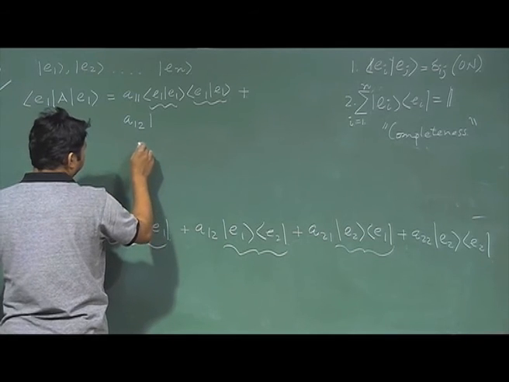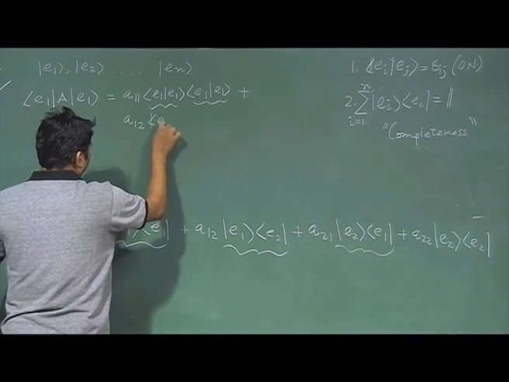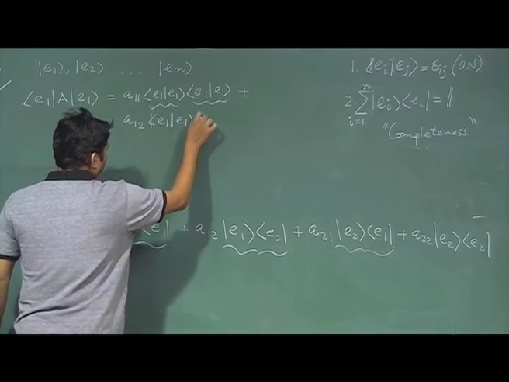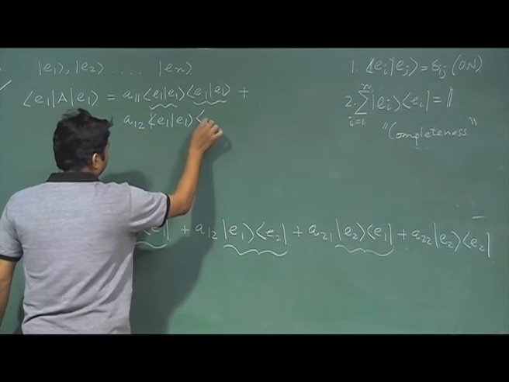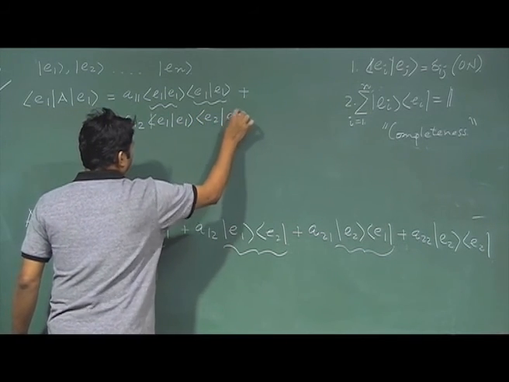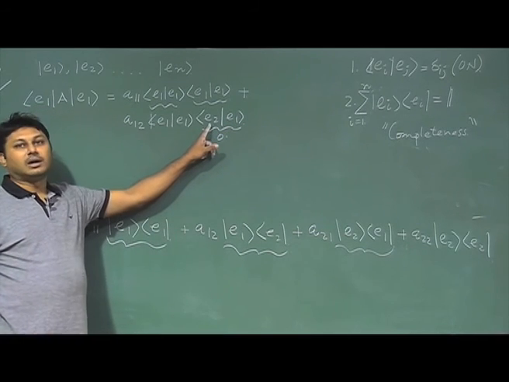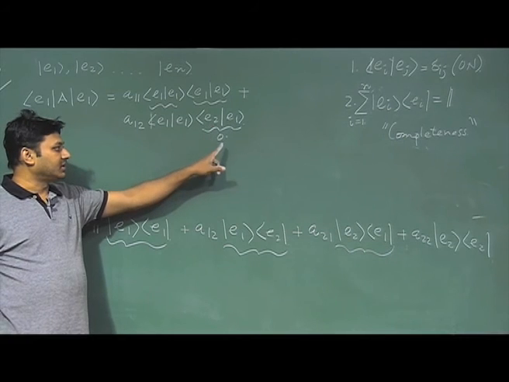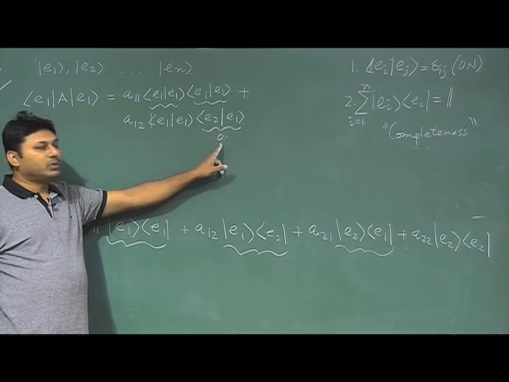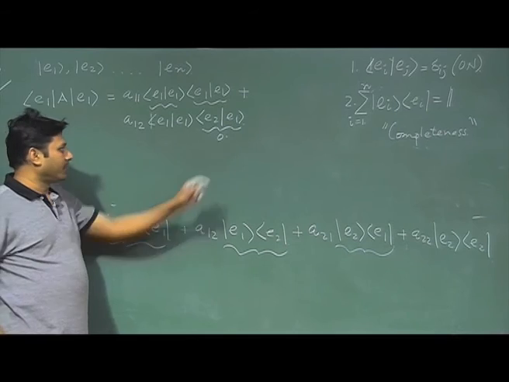is simply E1 E1, it is okay, but then E2 E1, this is not okay, this is 0 because they are perpendicular to each other. So the dot product or inner product between E1 and E2 is 0.